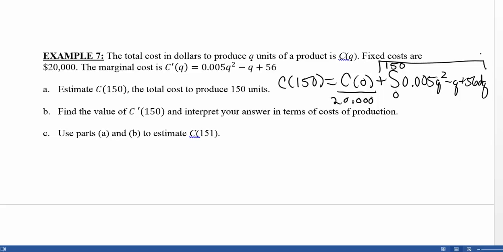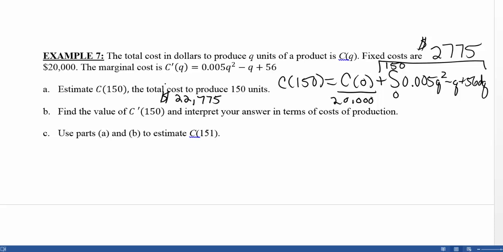So when we plug that all into the calculator, we're going to get $2,775 in variable cost, which means my total cost is $22,775, which again is the fixed cost plus the variable cost.